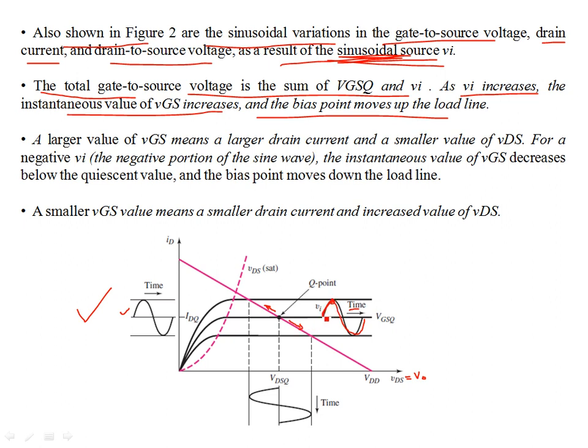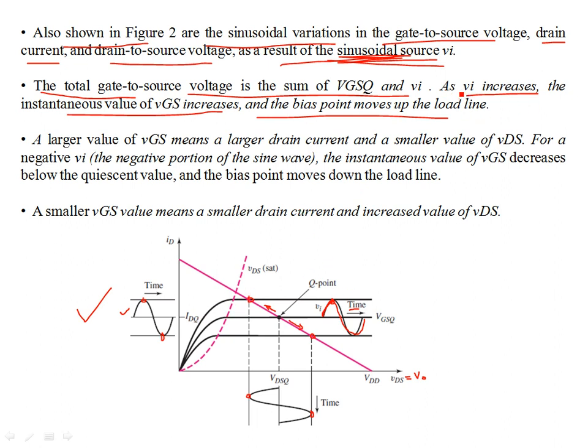Your Q point shifts, and as VGS increases, the drain current increases. Due to that, the output voltage decreases. And when the Q point shifts downwards, the output voltage is increased, because since the gate source voltage is decreased, the Q point is shifted towards the right. Your current decreases. So you can see it either way.